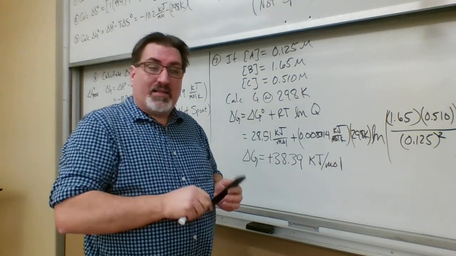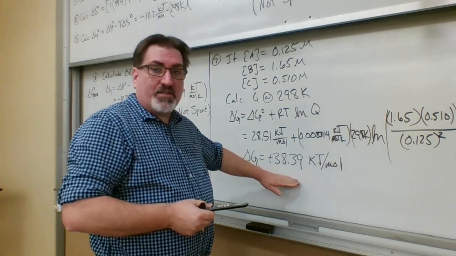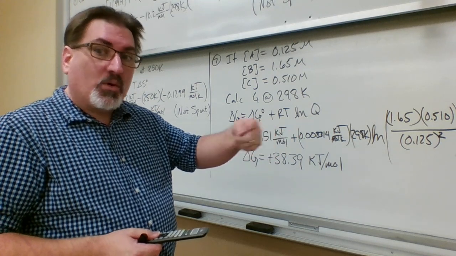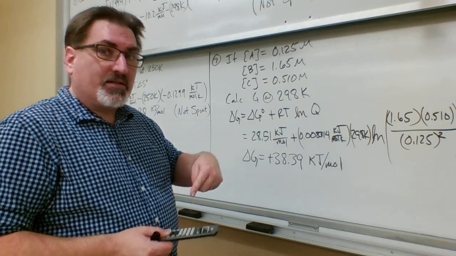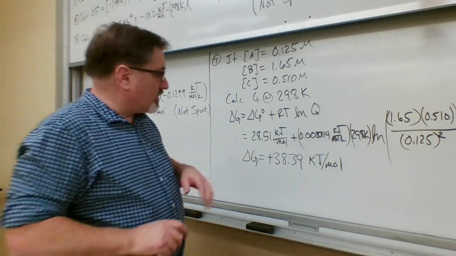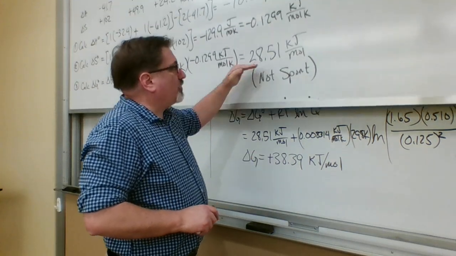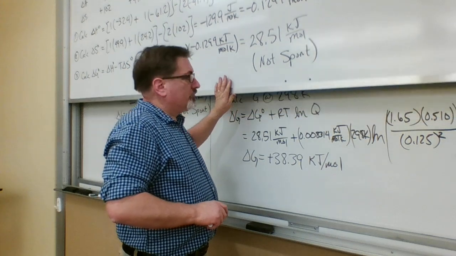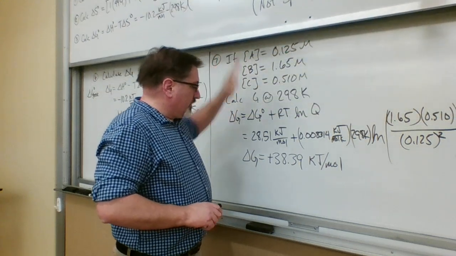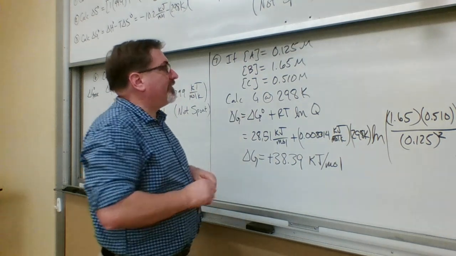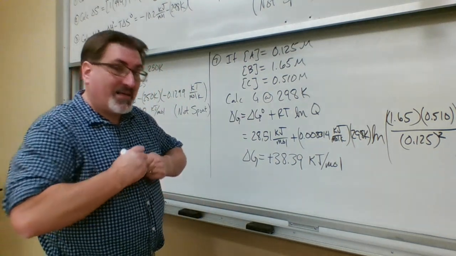But how about this? At these conditions, is it more spontaneous or less spontaneous than at standard conditions? What do you think? So now we compare plus 38.39 to plus 28.51. So is this less spontaneous than 28.51? And the answer is yes.